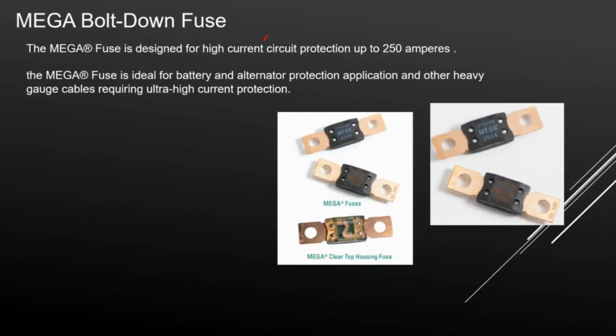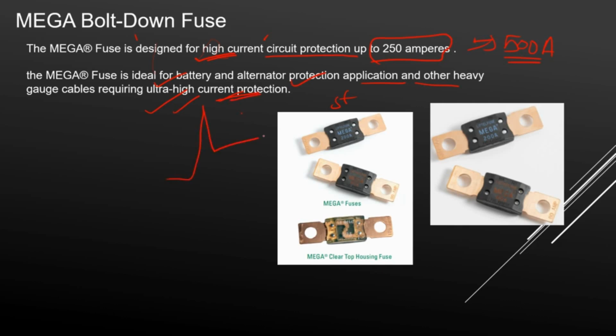Coming to the mega bolt-down fuse, as we said, this is the last fuse, a slow-blow fuse for high current circuit protection up to 250 amps, even 500 amps. It is ideal for battery and alternator protection, and for starter or other heavy gauge cables that require ultra high current protection.